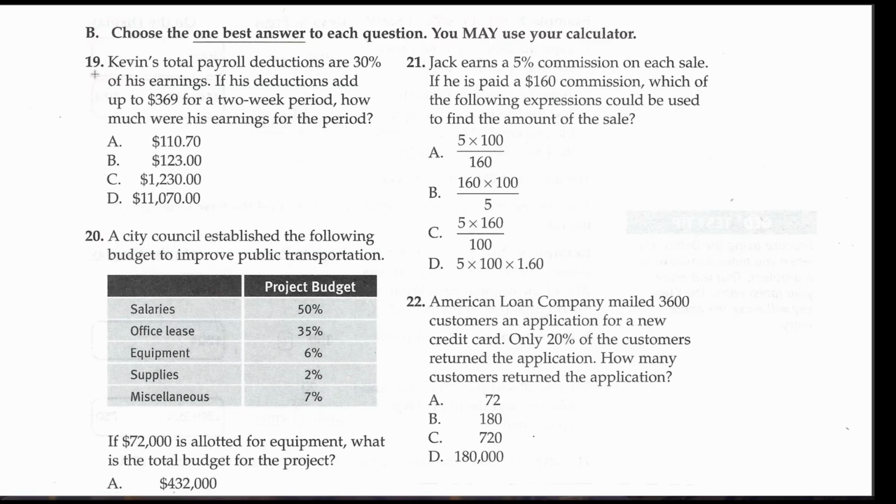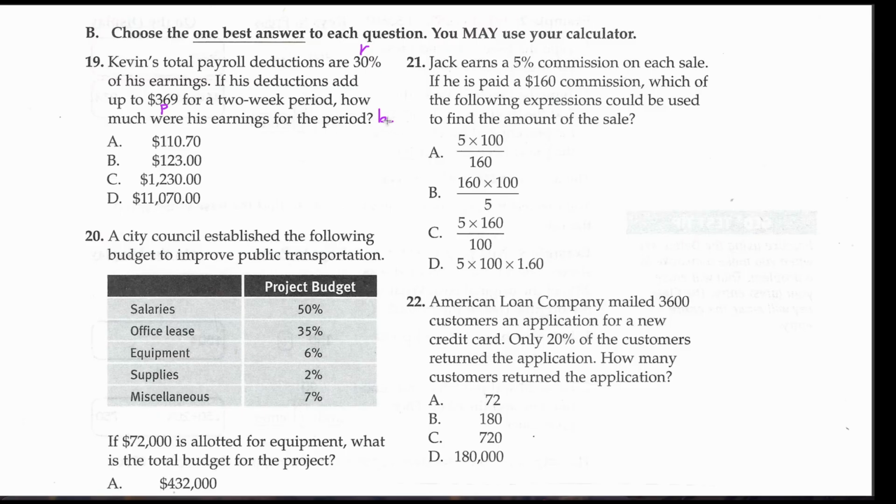Number 19. Kevin's total payroll deductions are 30% of his earnings. So that is the rate. Put R. If his deductions add up to $369 for a 2-week period, that looks like it's going to be the part. How much were his earnings for the period? So they're actually looking for the gross pay. So the gross pay in this case is the base.